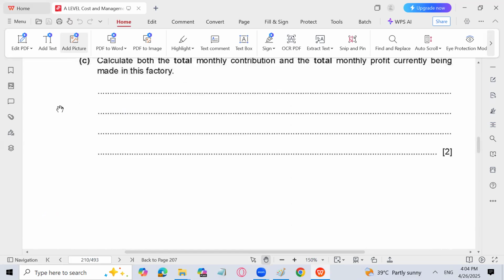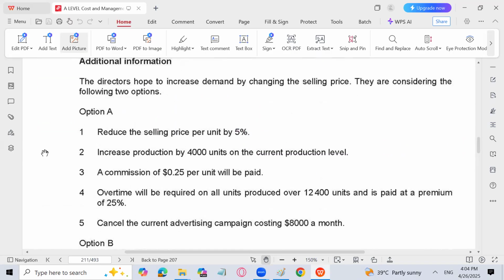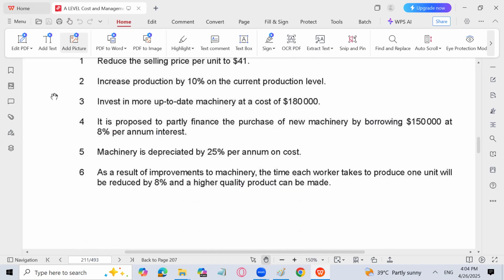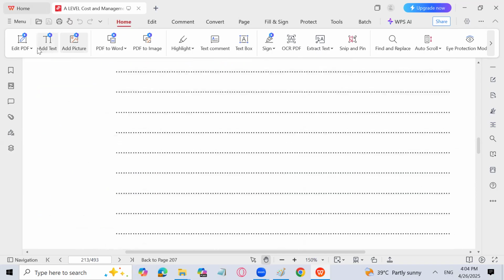Fixed cost is 38,200. And the director plans to increase profit by changing the selling price. They are considering the following two options: reduce the selling price by 5%, or increase production by 4,000 units over the current production level. I think we are done with this question also.